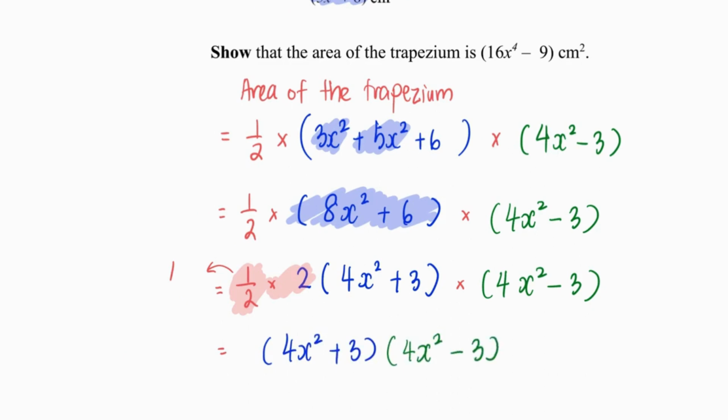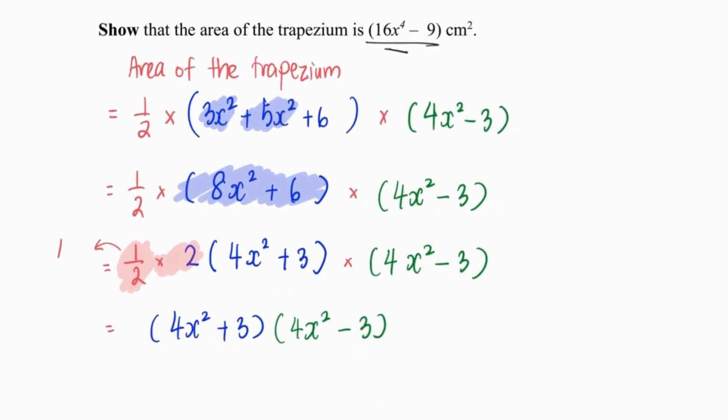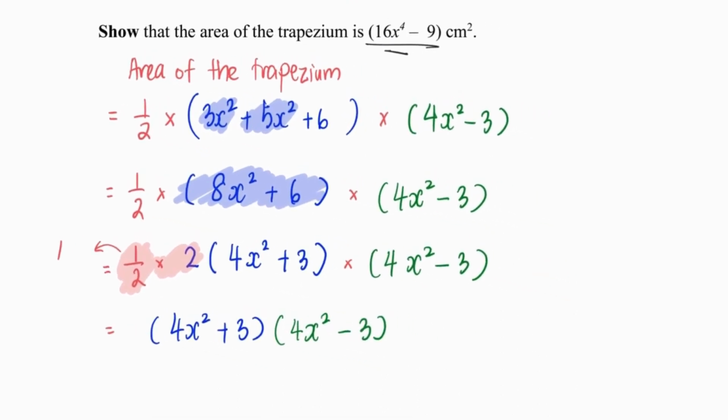And going back to this question here, then I start to see that the last part would then be for us to apply this formula. A plus B times A minus B, this special product is equal to A squared minus B squared.